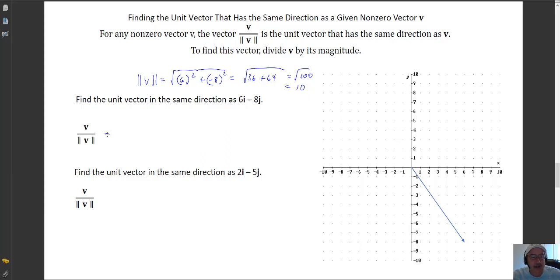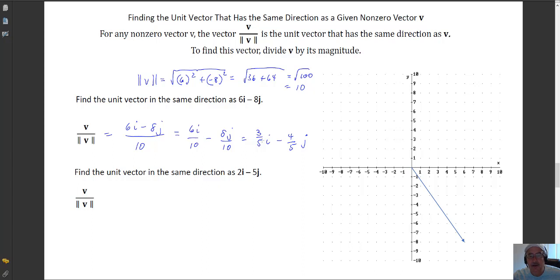But anyway, I'm going to take this vector 6i minus 8j and simply divide it by its magnitude, which we said is 10. Now you want to write this as a vector too, so you don't want to leave it all bundled up like this. So this would equal 6i over 10 minus 8j over 10. So we could write this vector as 3/5 i minus 4/5 j.